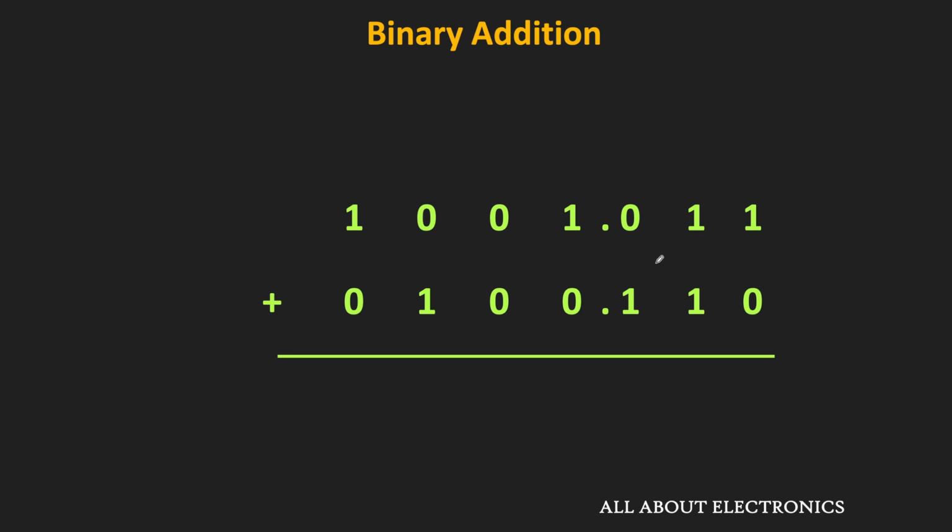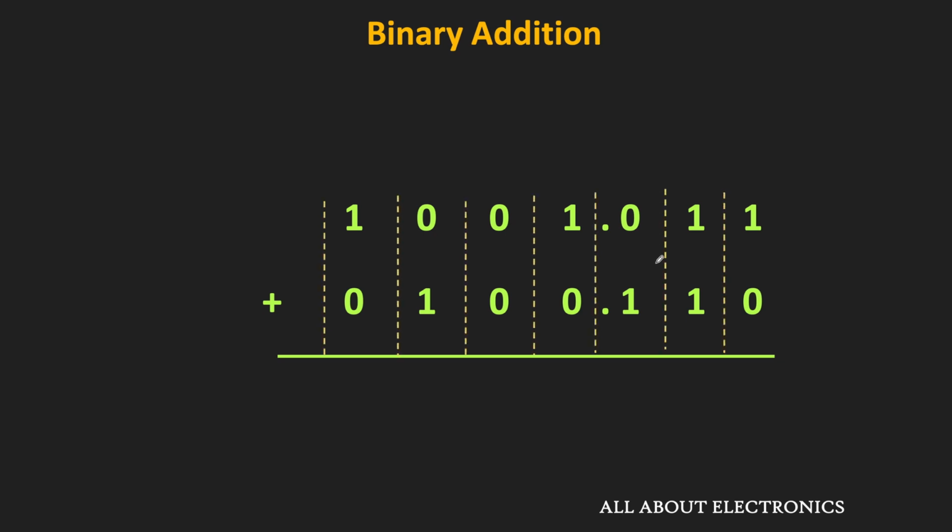Once again, the addition is performed column by column. And once again, we will start from the rightmost column. In the rightmost column, we have 1 plus 0, that is equal to 1. Then if we move to the next column, we have two ones. The addition of the two ones is equal to 0 with 1 as a carry to the next column.